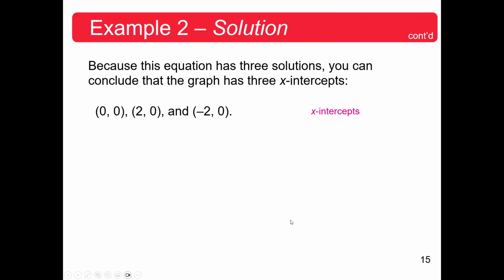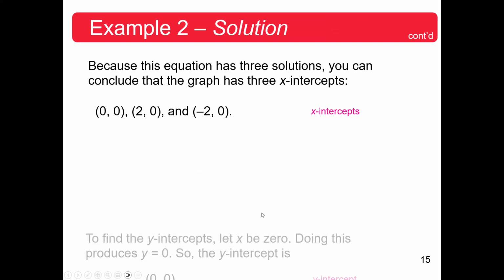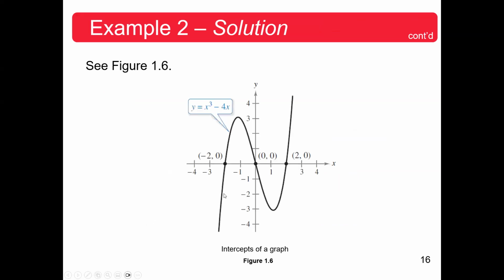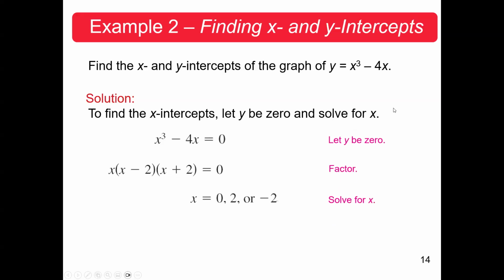So that will be the solution for the x-intercept: (0, 0), (2, 0), (negative 2, 0). Now let's look at the y-intercept. The y-intercept is very straightforward. We equate x to 0, and let's go back to the equation. If I equate x to 0, then y is 0, because it will be 0 minus 4 times 0.